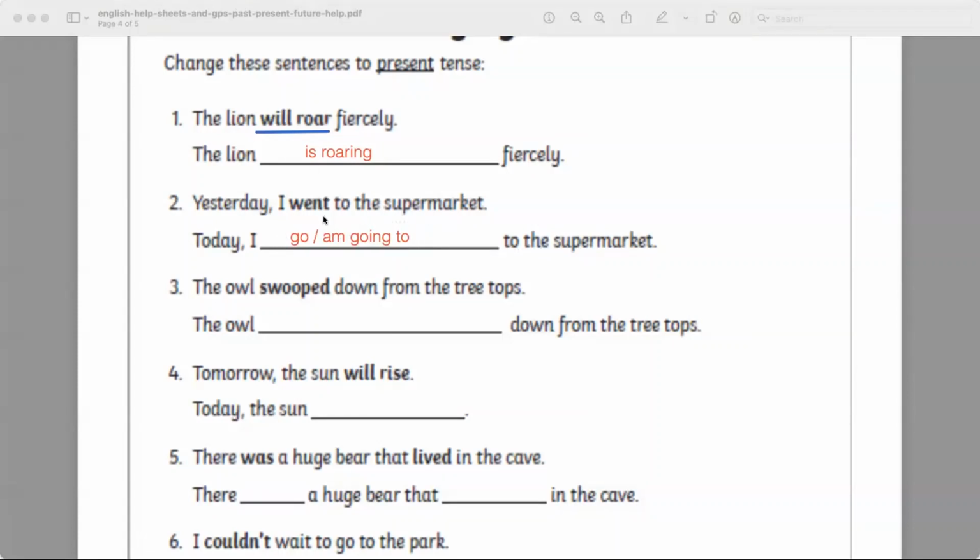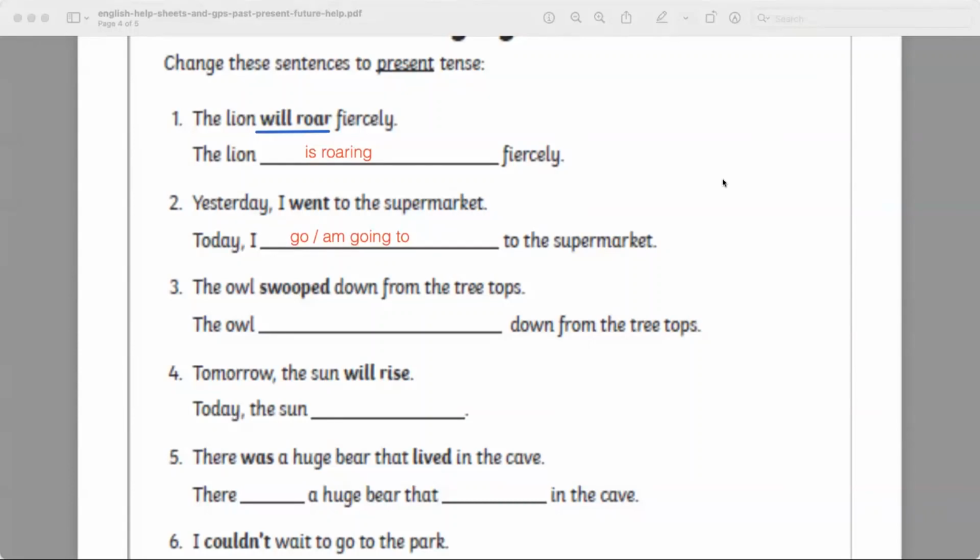If any of you guys are confused, it will be I am going, because you are going to the supermarket. If it was in the future tense, it would be today I will be going to the supermarket. So it's not confirmed when you're actually going.